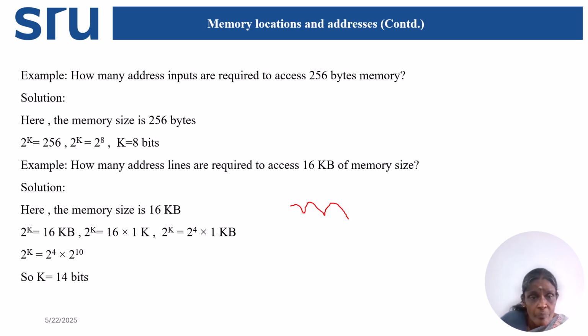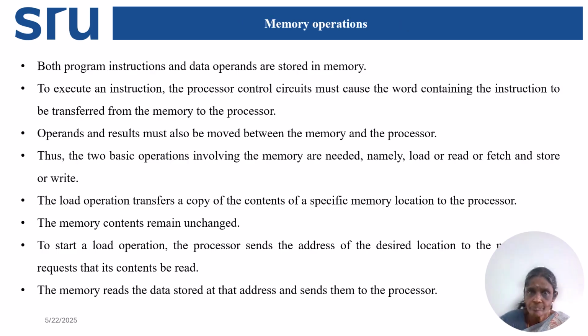But here it is kilobytes, not bytes. So 1 kilobyte is equal to 2 power 10. Already we have seen 1024 is 2 power 10. So 2 power k is equal to 2 power 4 into 2 power 10, powers can be added, 4 plus 10, 14. So k equal to 14 bits.